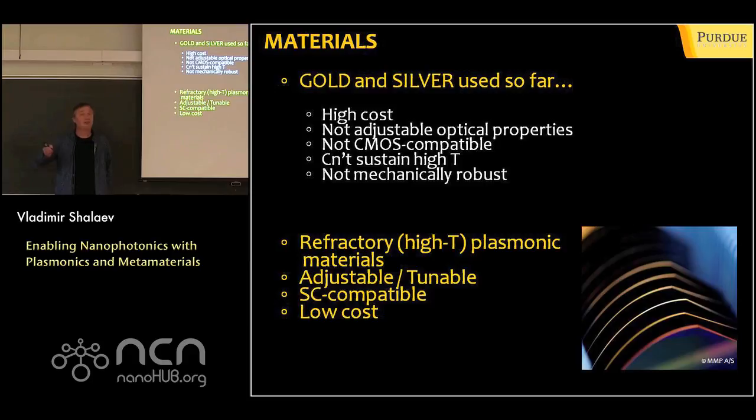And if your material cannot sustain these elevated temperatures, it basically cannot be used for durable applications. It's also not mechanically robust. So we need a material that can sustain high temperatures, refractory plasmonic materials, which would have adjustable, tunable properties, would be semiconductor compatible and would have low cost.